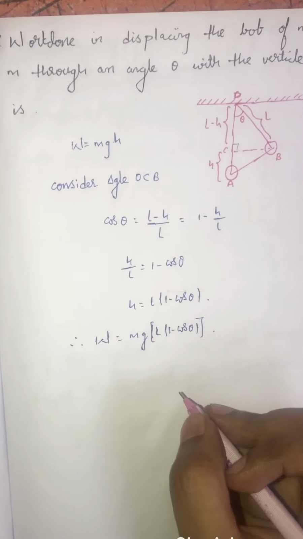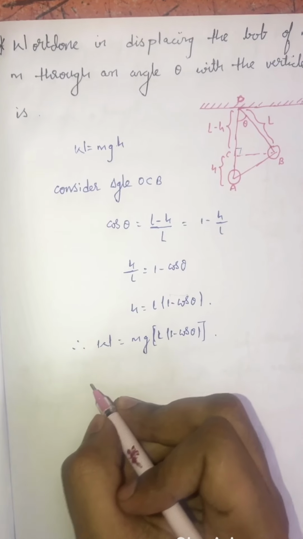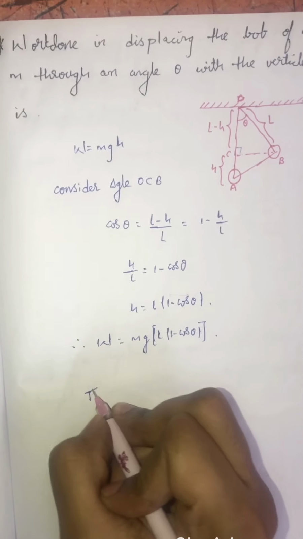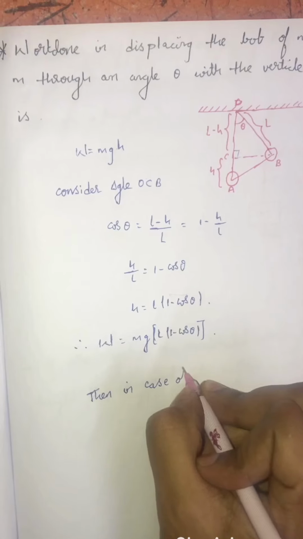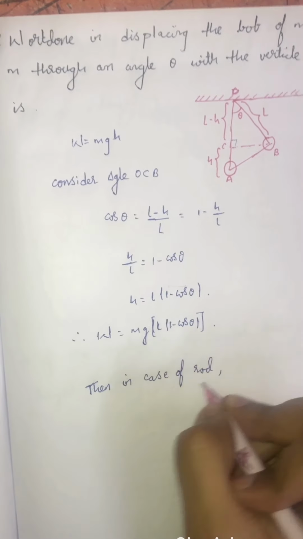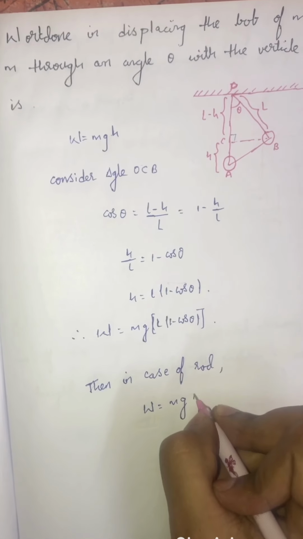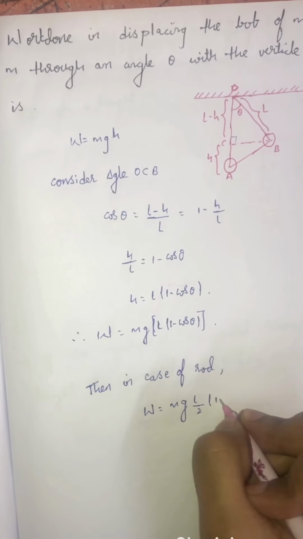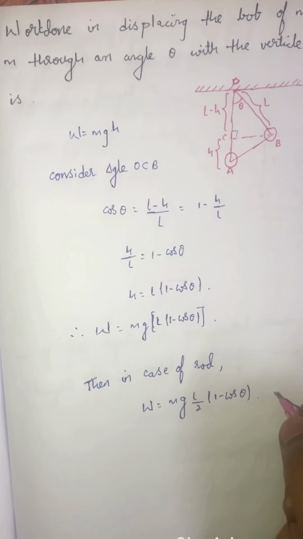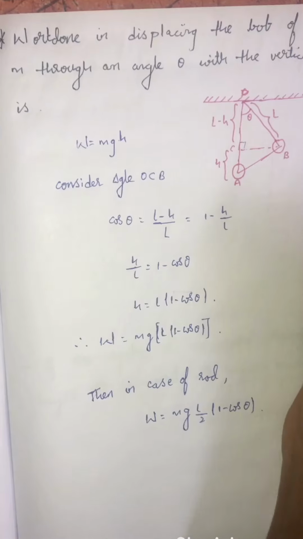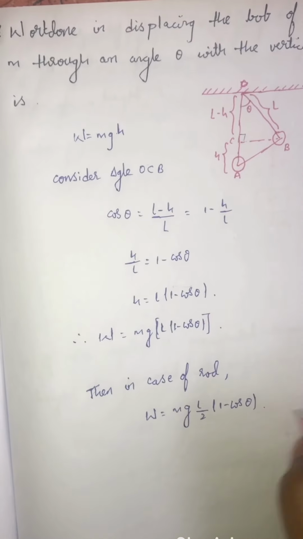Here, if it is a rope, and if we consider it as a rod, then in case of rod, work done will be equal to mg L by 2 times 1 minus cos theta. As per the rod, the center of the mass lies at the center of the rod, that is half of its length. That's fine, that's clear.